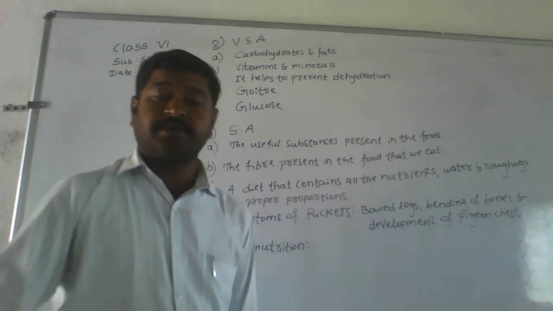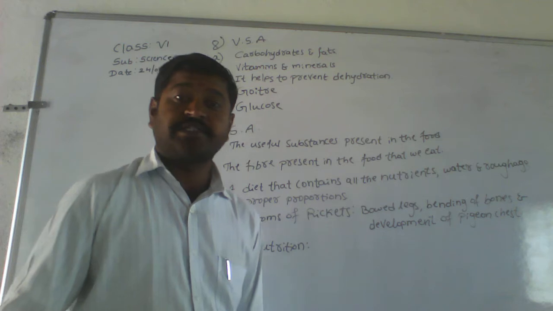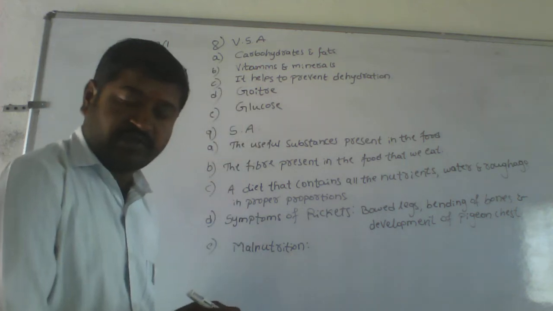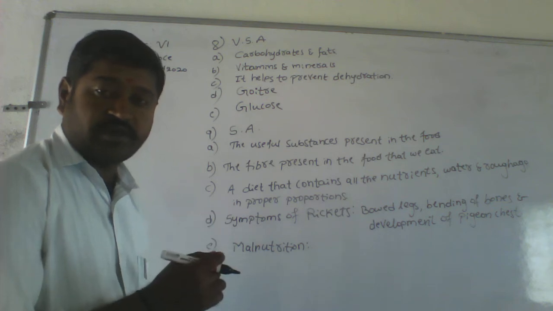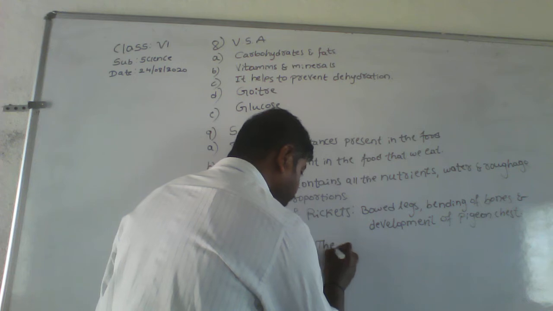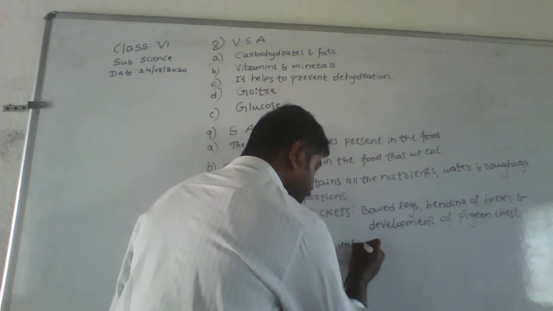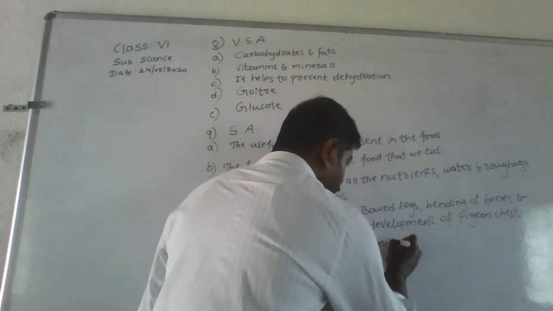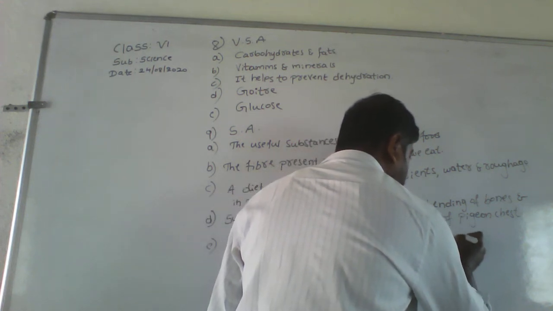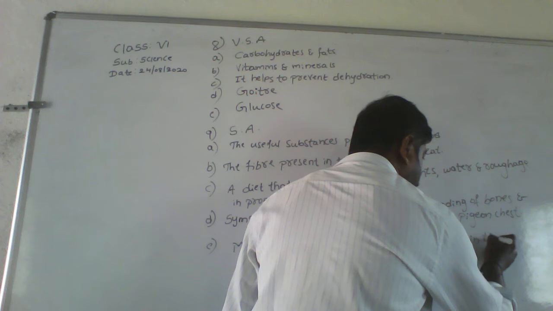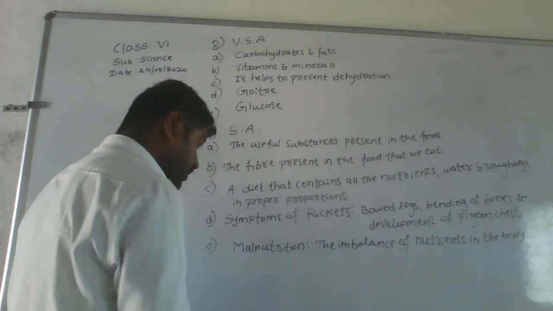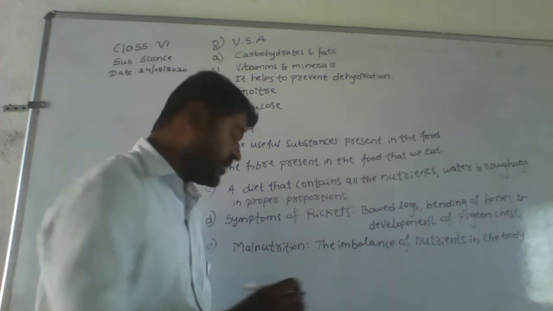It is nothing but imbalance of nutrients in the body. Malnutrition occurs if there is no proper balance of nutrients in the body. So that is the imbalance of nutrients in the body. Then next, what is that? Undernutrition.